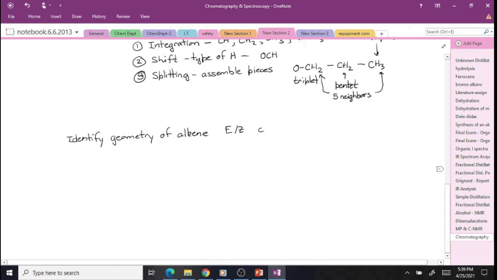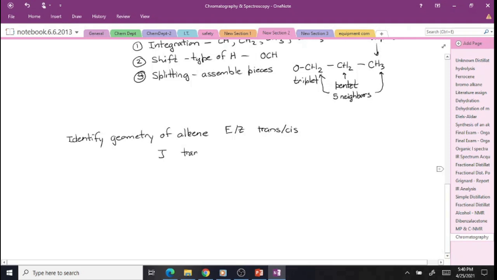Or if you prefer, trans or cis. There were 2 methods that we used to make that determination. One, we used our coupling constant, which I've already mentioned in the discussion of calculations where we talked about that.